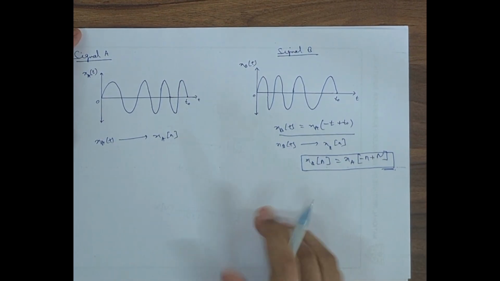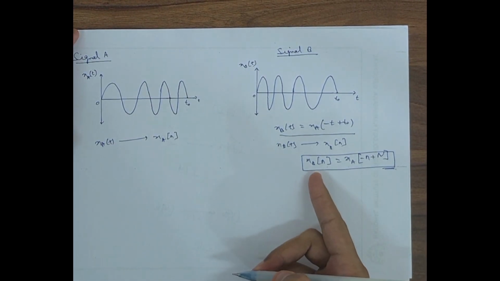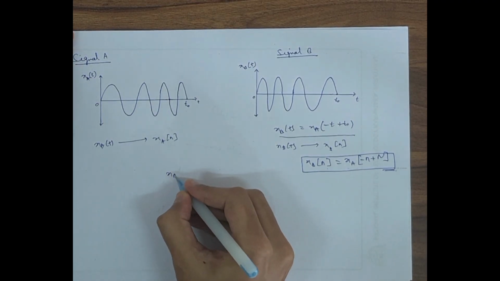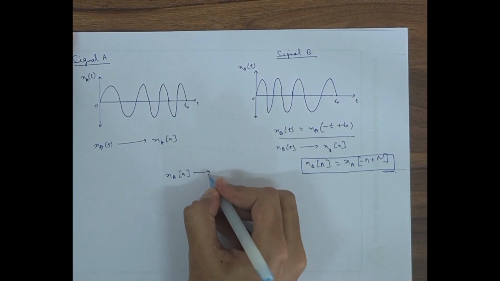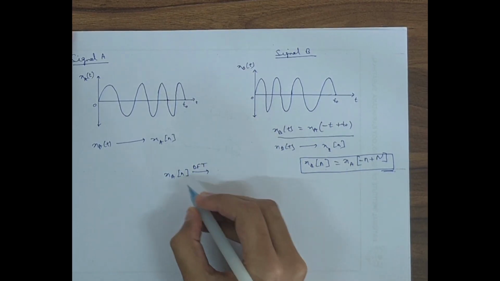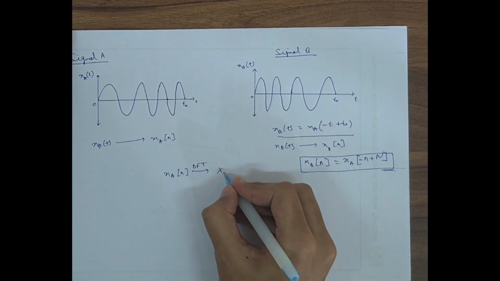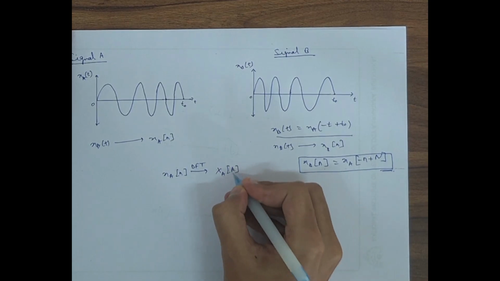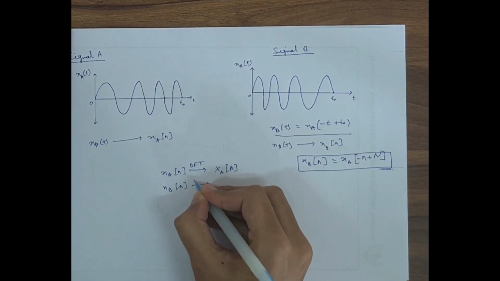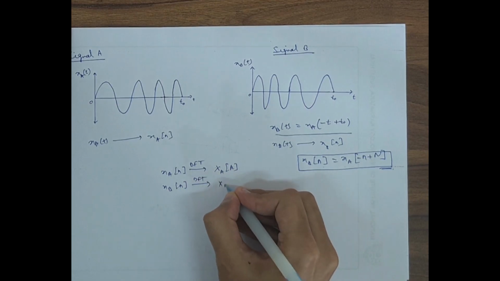So now I'll be taking the discrete Fourier transform of xb of n and xa of n. The discrete Fourier transform of xa of n is capital Xa of k, and similarly for xb of n we have Xb of k.